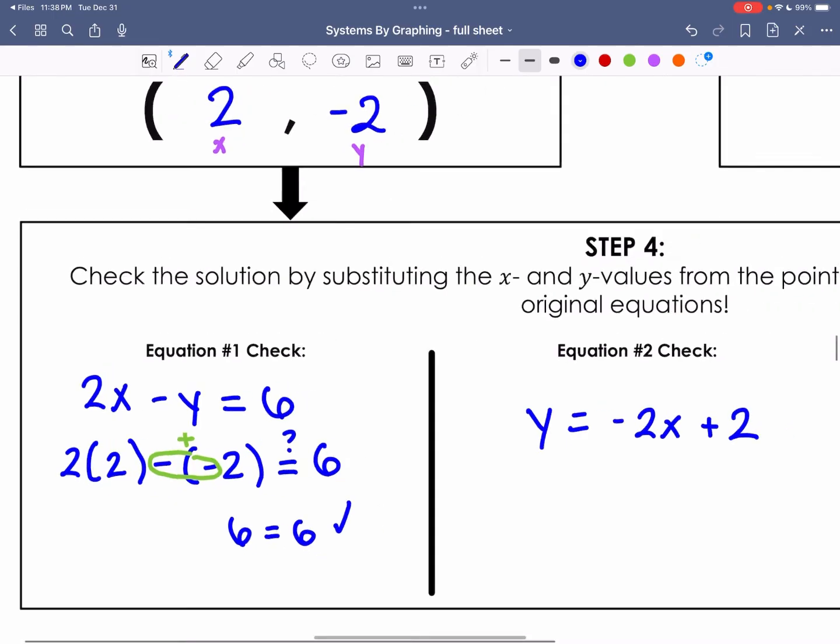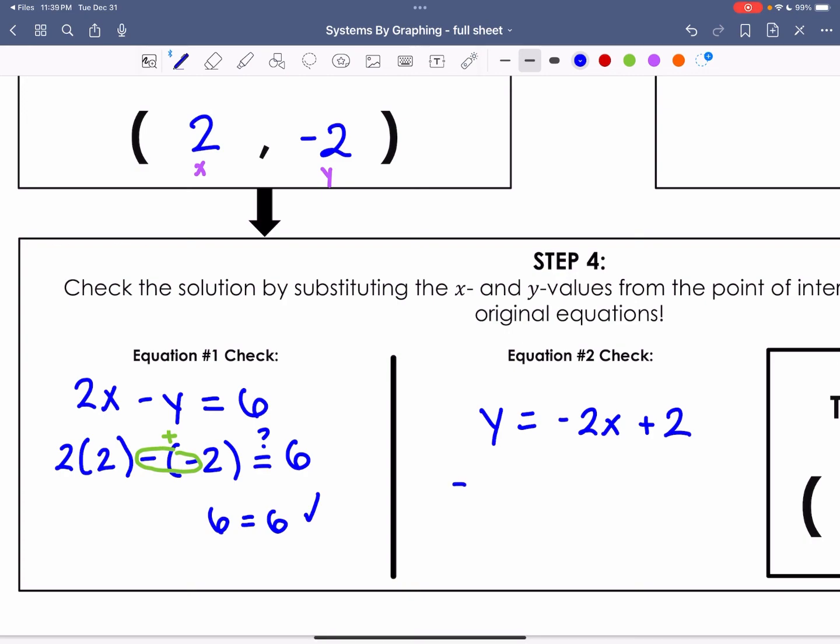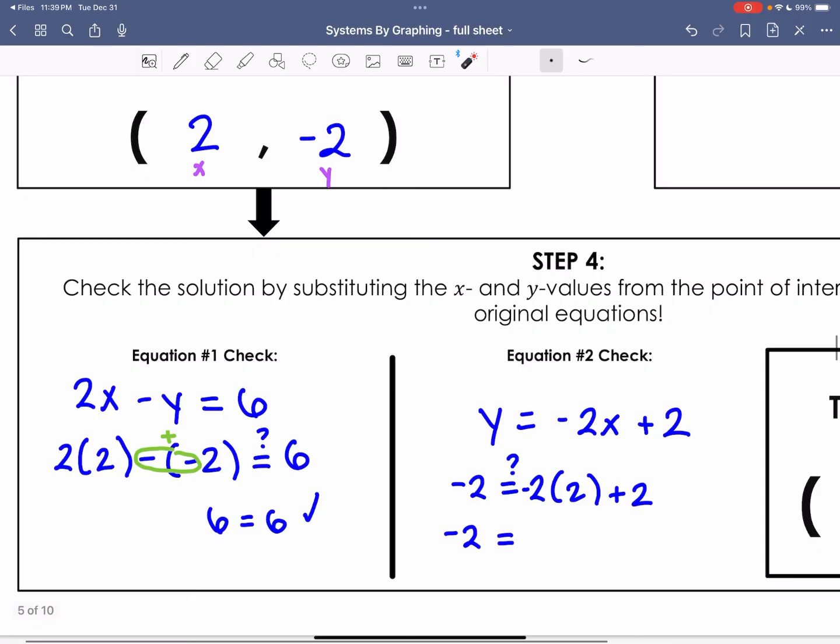And then checking the second equation. All right, so checking this one, we have -2 equals, and then over here we have -4, and then +2, so that indeed is -2. And so again, -2 equals -2, so that is a perfect true statement.